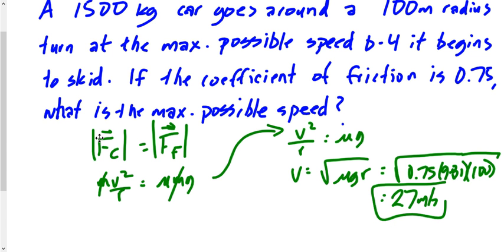Or maybe you're limited by geography and you have to have a certain radius and you want to determine what the speed limit should be. If I can be going maximum 27 meters per second before I skid off the road, then I probably want to make the speed limit something less than 27 meters per second, right? Okay, probably a fair bit less than 27 meters per second, but certainly less than 27. Make sense? All right.